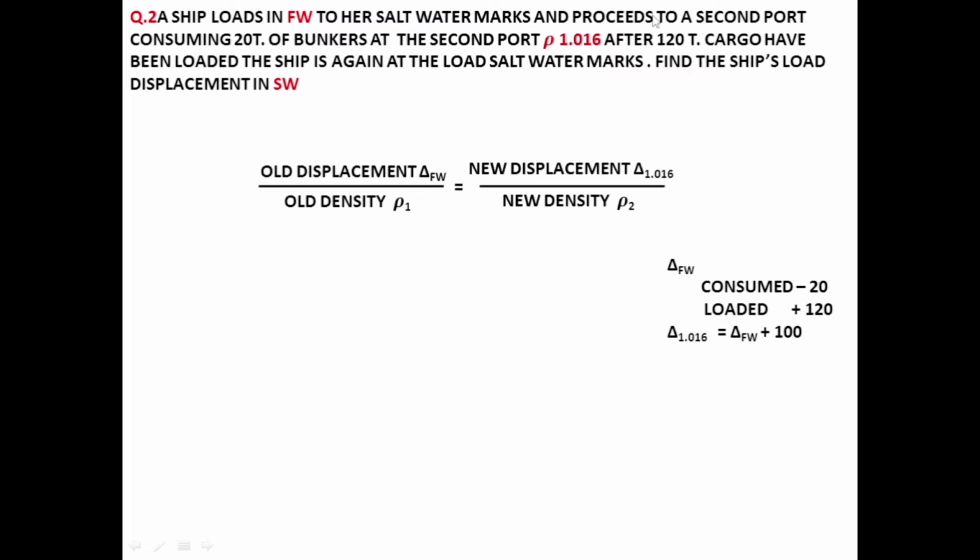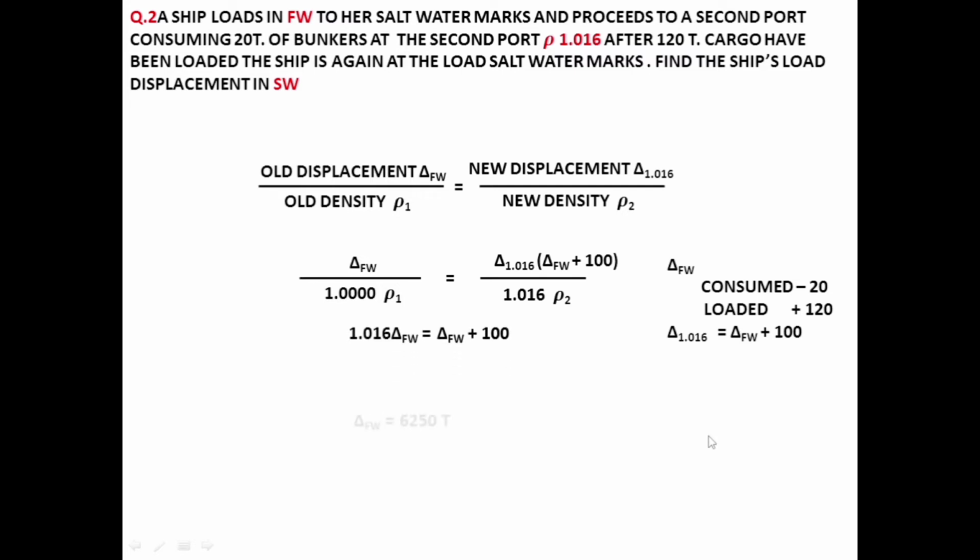In this case we have loaded and we have consumed, so the additional weight is 100 tons. So the new displacement would be whatever was there in fresh water plus 100. I'm just putting in these values here, and I get my displacement in fresh water.